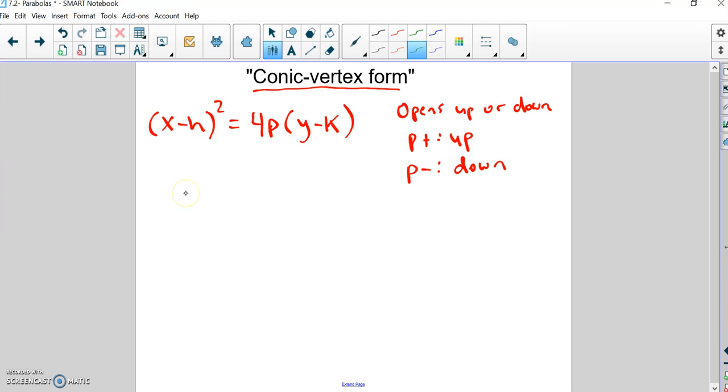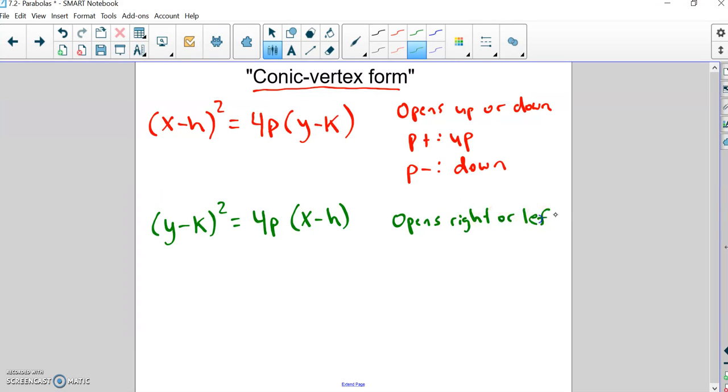Now, if it's a y squared parabola, here's what it is going to look like: (y - k)^2 = 4p(x - h). Notice that in both of these equations, h goes with x and k goes with y. So if it is a y squared, this would be a parabola that either opens to the right or to the left.